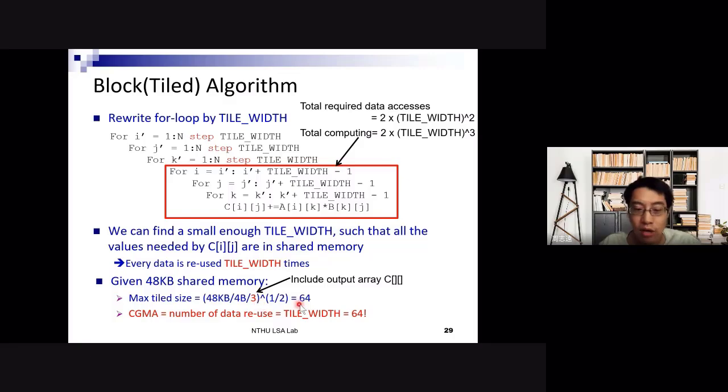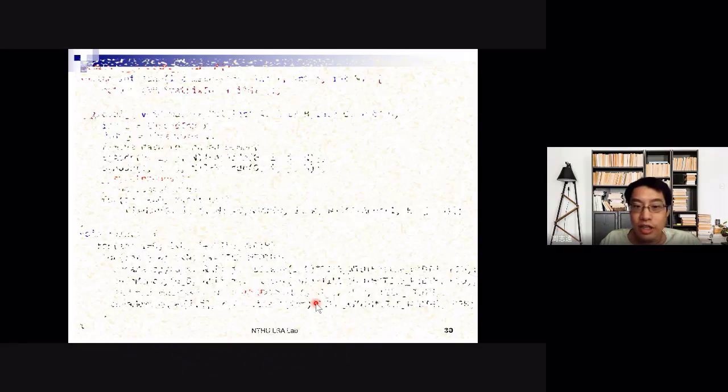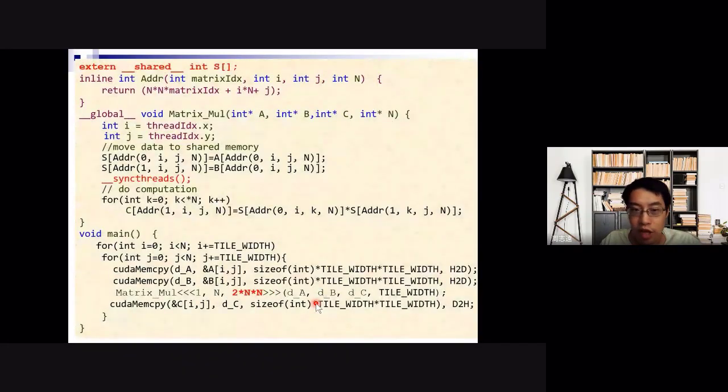So that will allow us to achieve an even better CGMA ratio. Okay, so it's case by case. Sometimes you could further explore more data reuse patterns or store less data on shared memory in order to achieve a better CGMA ratio. All right. So this is the general strategy for a tile algorithm.